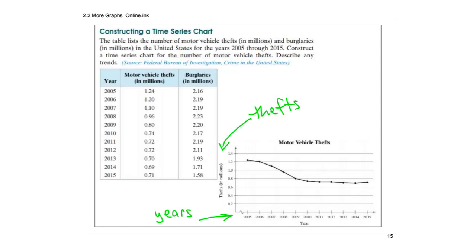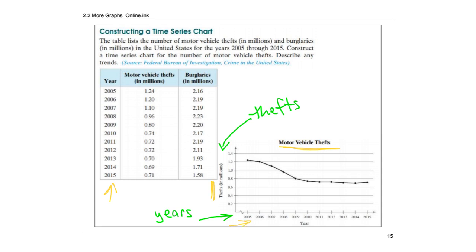Let's take a look. All right, so we have a table with the number of motor vehicle thefts in millions and burglaries in millions. And we have our year here. So we're going from 2005 to 2015. And this is just the first column, the motor vehicle thefts. So along the bottom on the x-axis, we have the years.